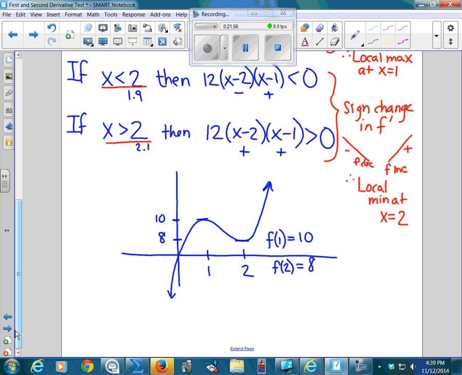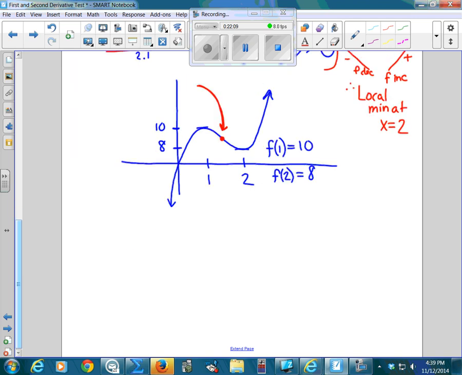Now, the second point of interest here is that point right there. Where does that occur? It looks like at 1.5, but do we know that for sure? So what we're going to do is find that point of inflection by once again using a first derivative test, even though we're going to be looking at the second derivative.